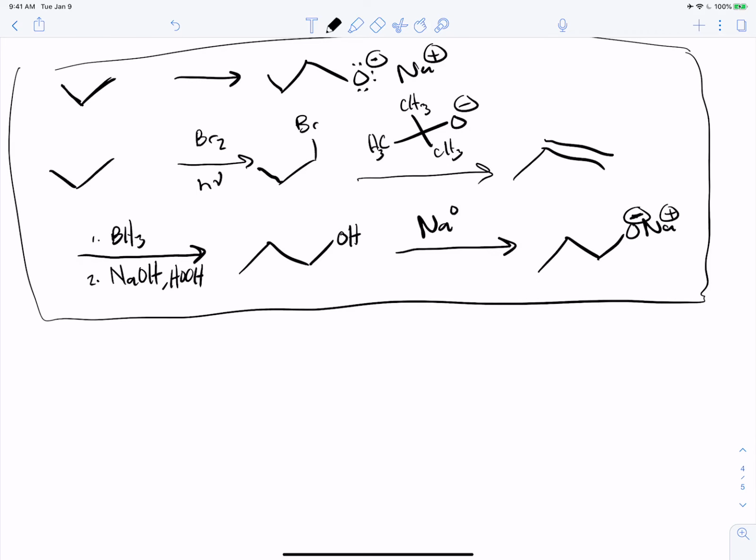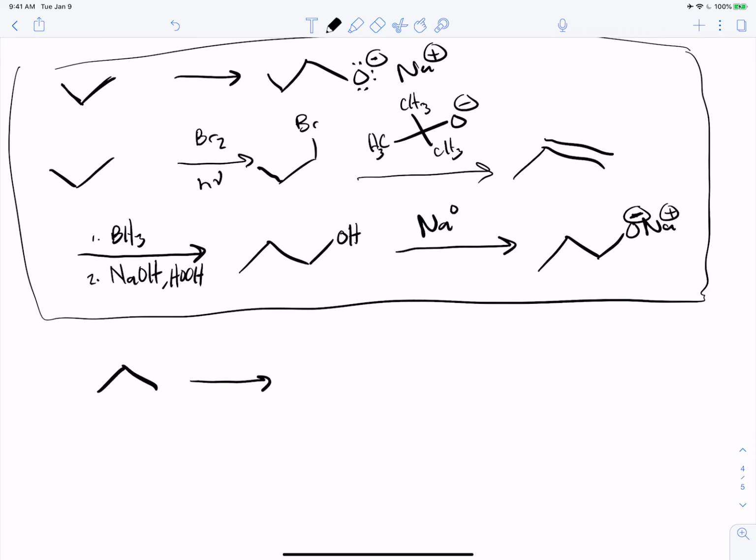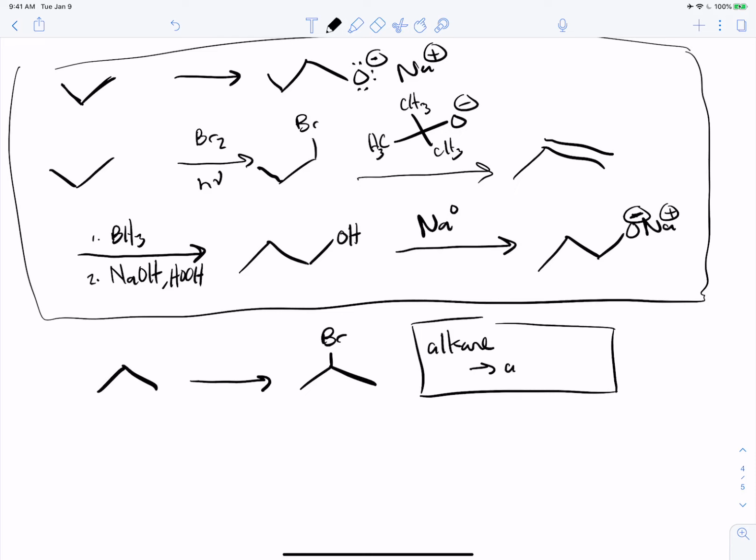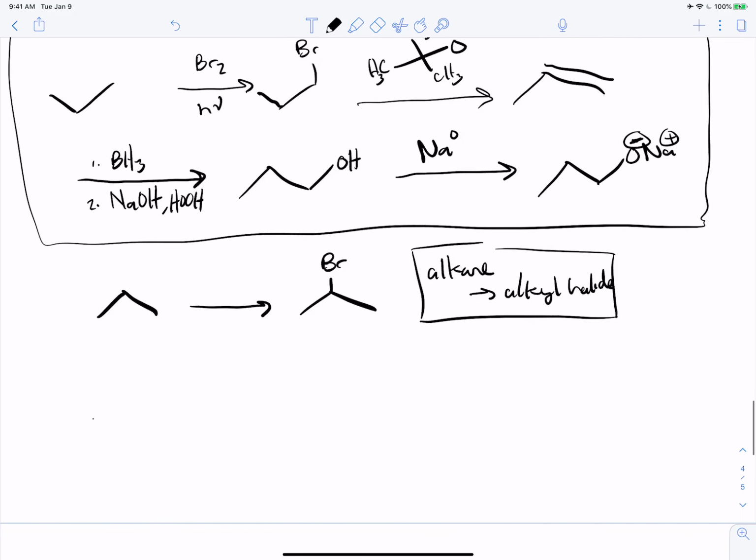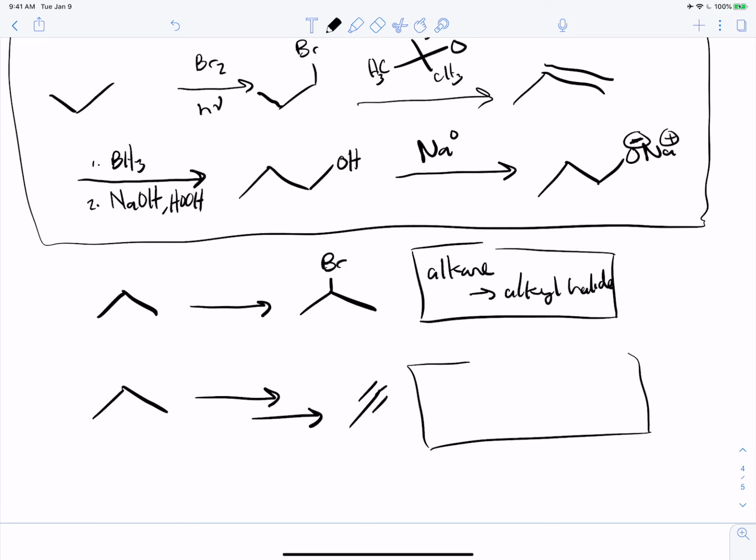Yeah. Okay, but just like when you're looking at things and you're saying, okay, if you have a reaction like this, when you're making your flashcards, you have something like alkane to alkyl halide. You could also make flashcards that are like alkene to an alkyne.